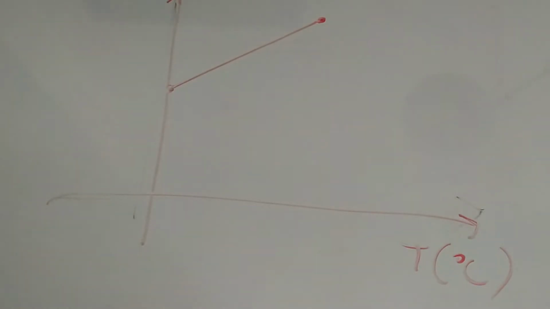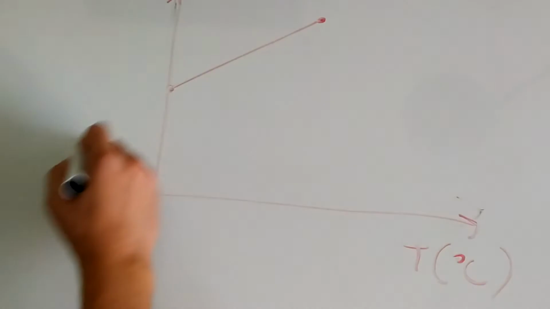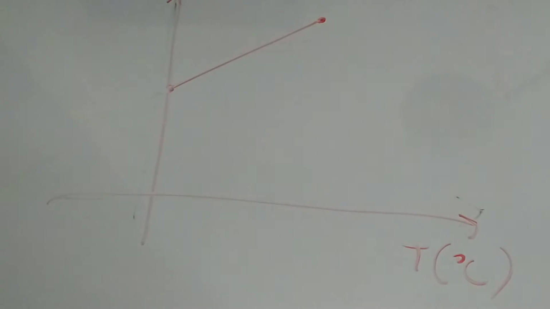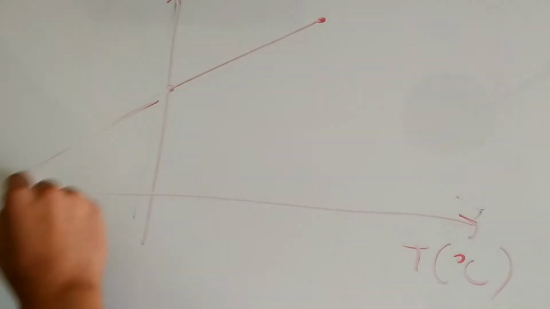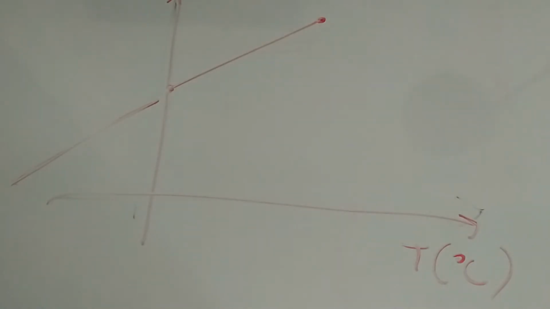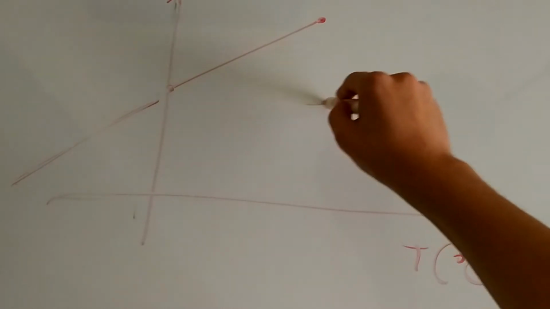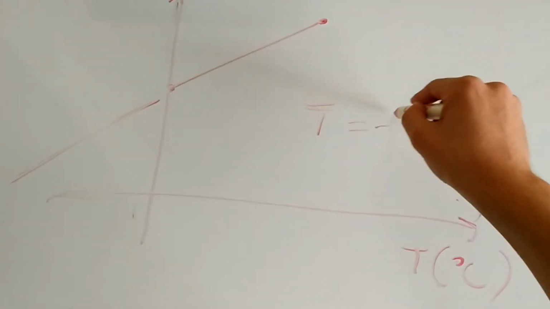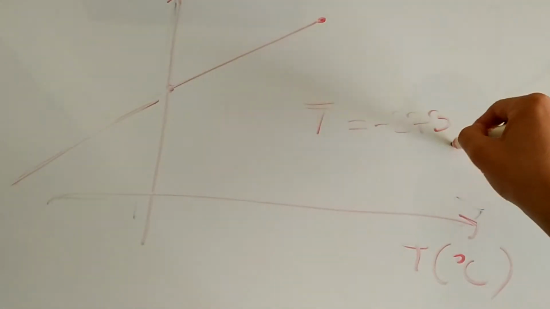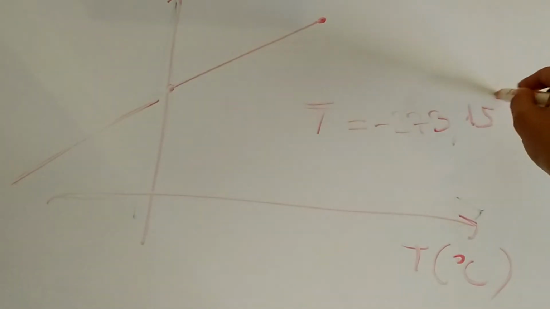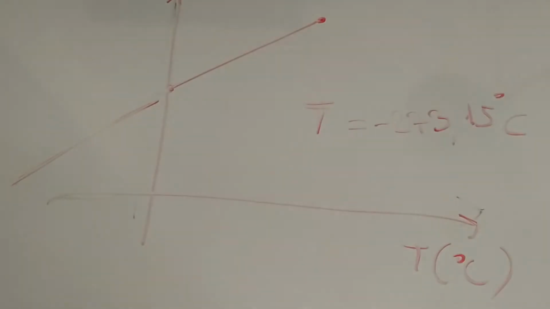But what will happen if you continue this line until it intersects the x-axis? Well, what we will see is the point where the pressure is equal to 0. This point is called the absolute 0 point, and the temperature at this point is minus 273.15 degrees Celsius.